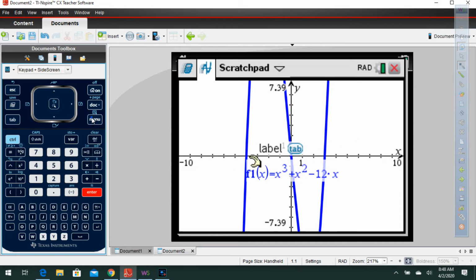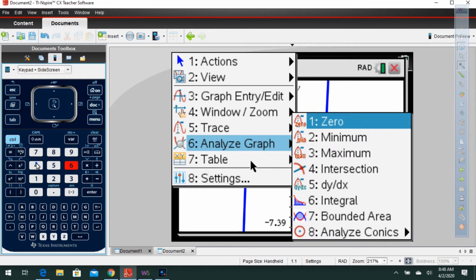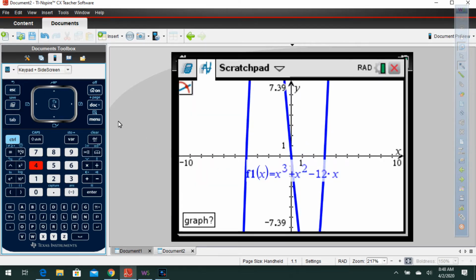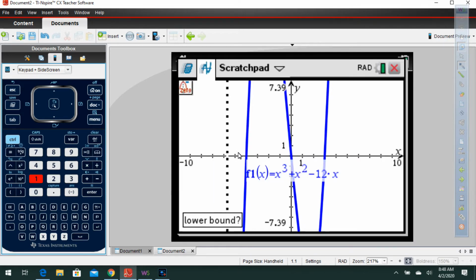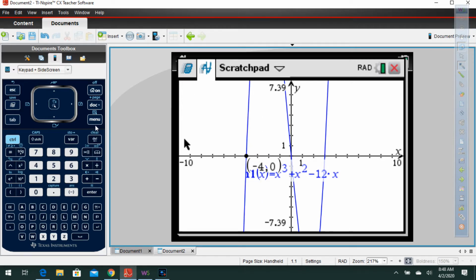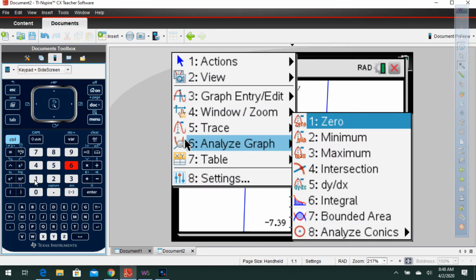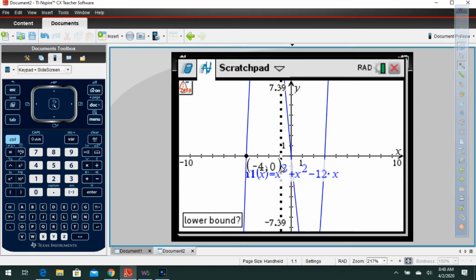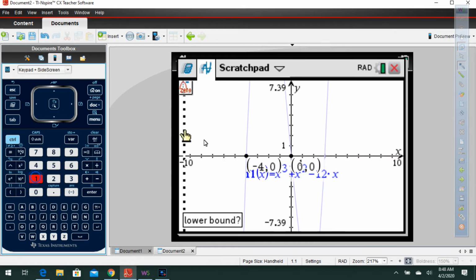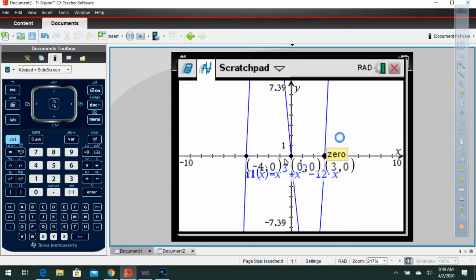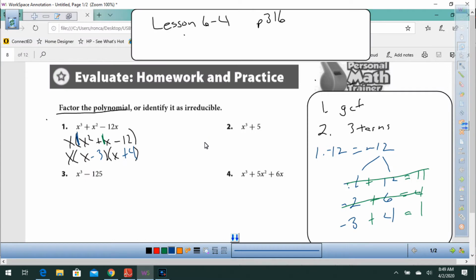Now, where does it cross the axis? Menu 6, and then 1 for the zeros. You get -4, 0, and 3. How does this correspond to what we're already doing?